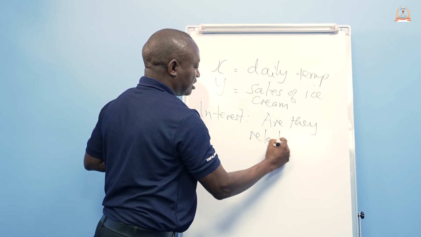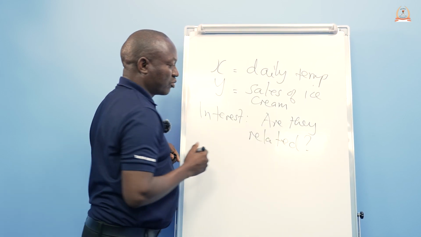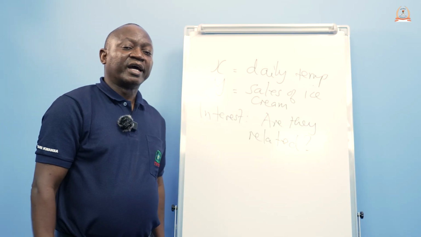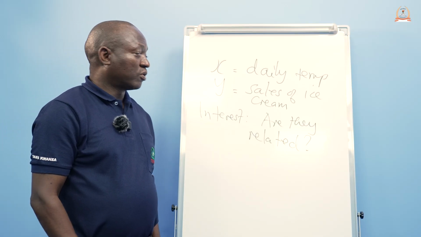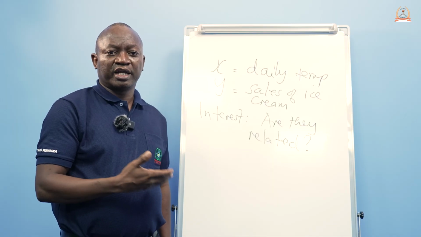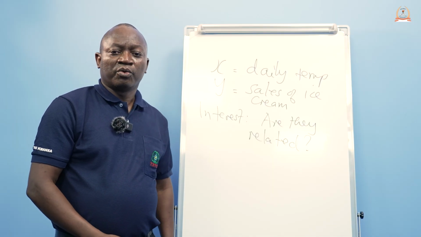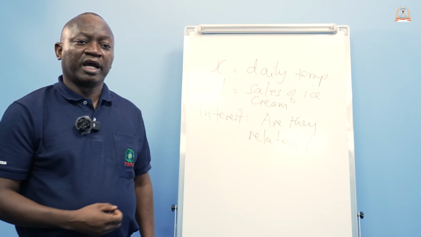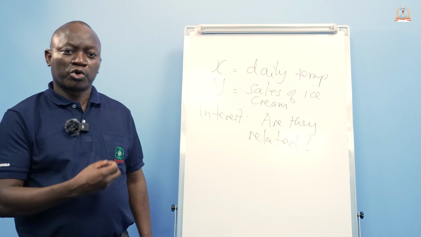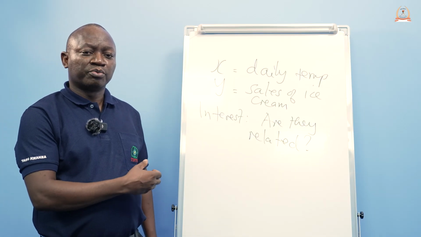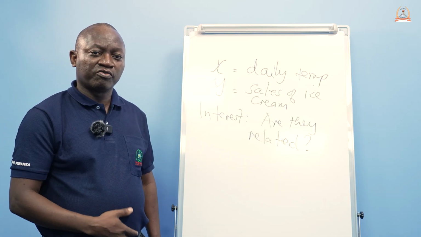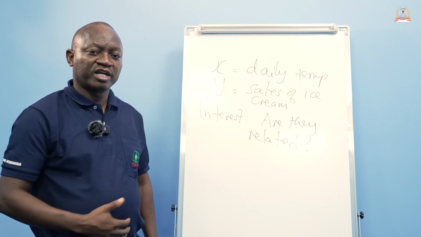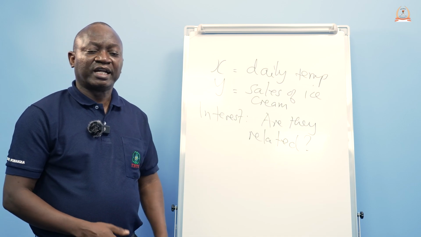The question of interest is: are X and Y related? We are going to use data to ascertain whether these two variables X and Y are related. Correlation will help us to measure the association, or the degree of association, between these two variables, the sales of ice cream and the daily temperature.